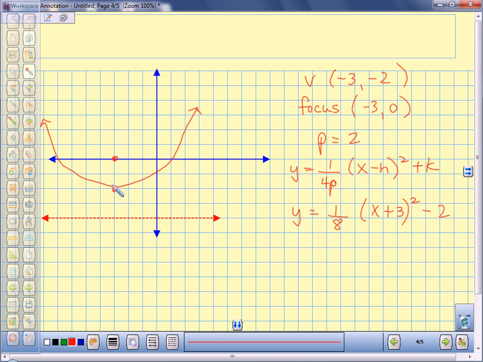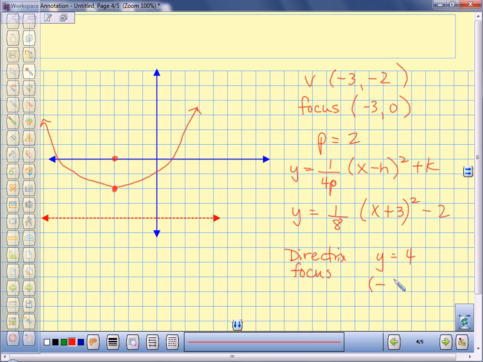We could also do this if they just gave us a directrix. Let's say the directrix was, let me make that look like a capital D, or else it looks like a B. The directrix is the equation y = 4. And the focus is at the point, let's not do -3 again, I just did -3.